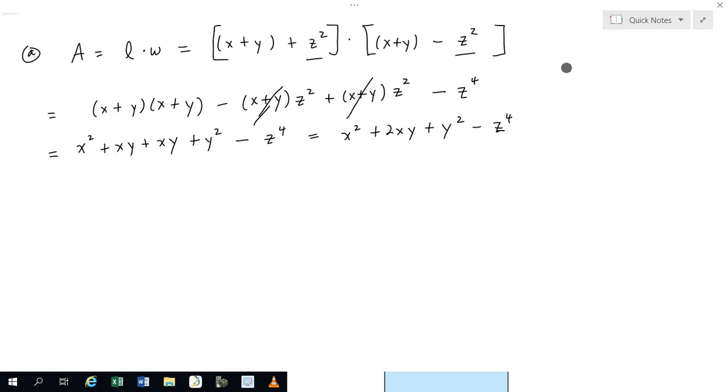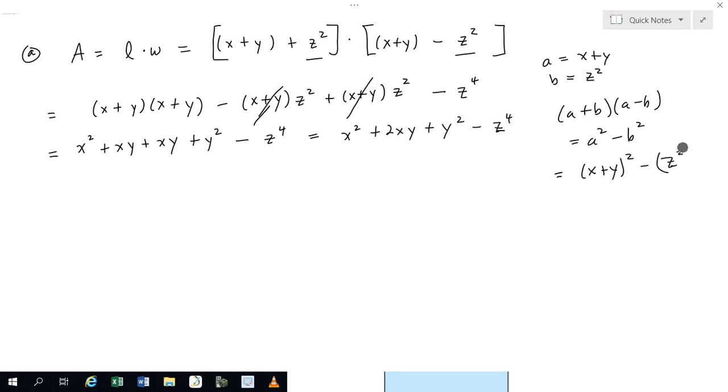Now, if you wanted to use the formula, A would be x plus y, and B would be z squared. Then you would just use the formula a plus b times a minus b is equal to a squared minus b squared, and plug those in. A is x plus y, so you get x plus y squared, and then b is z squared, so you get z squared squared.